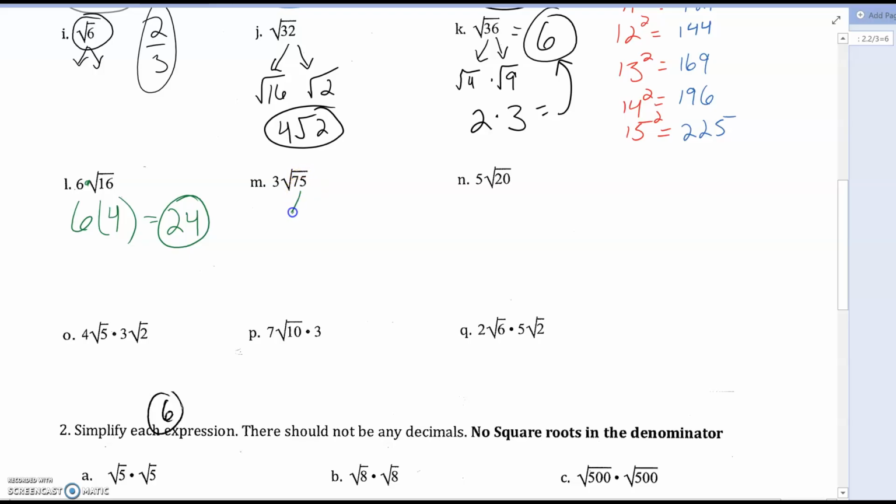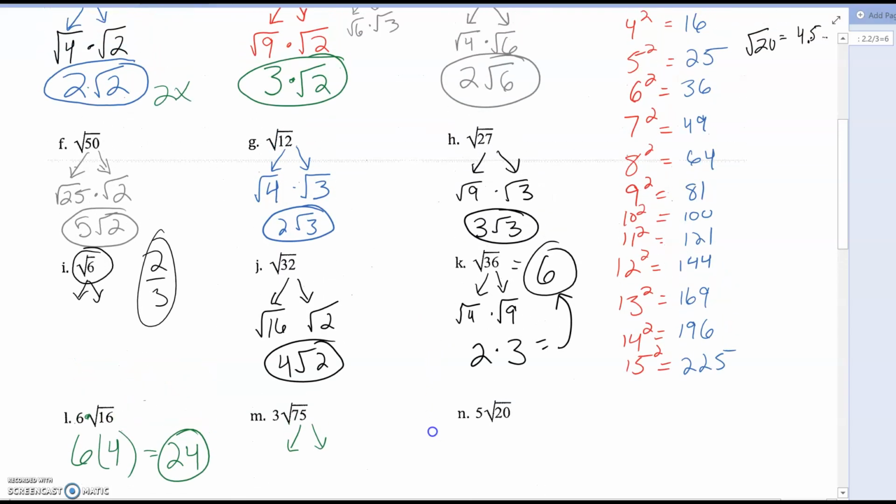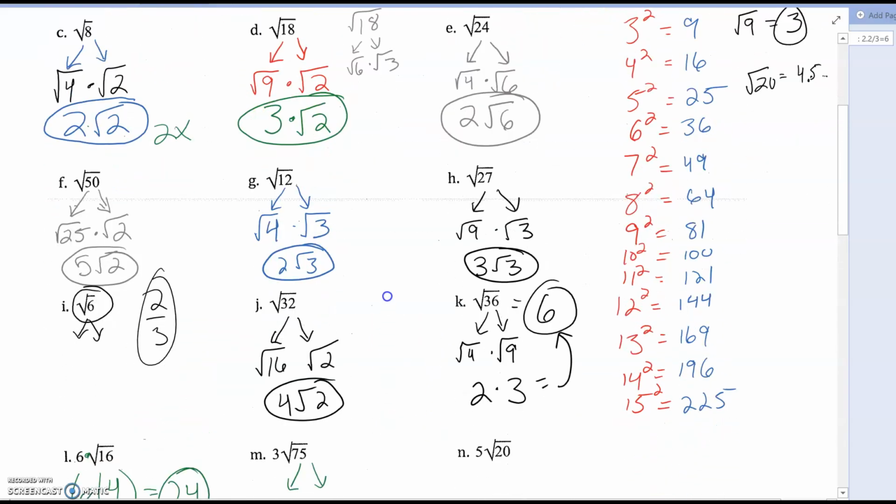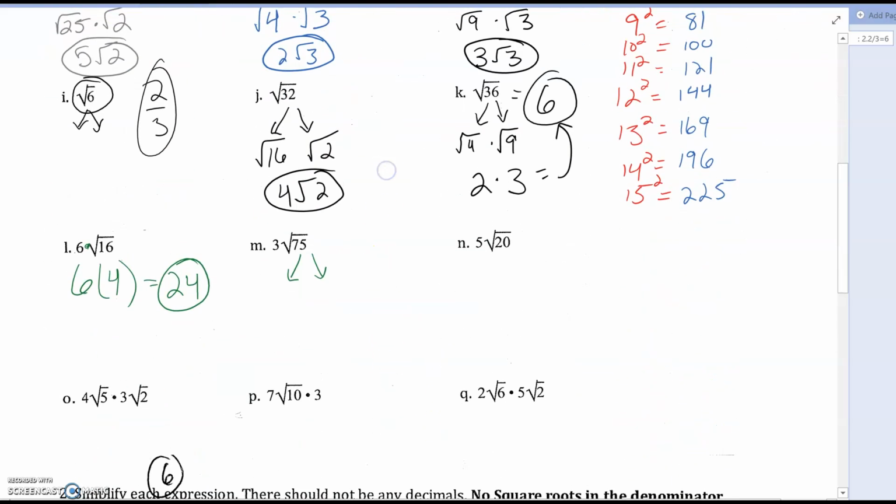Now I can break down square root of 75, right? I think I did the same thing from up here. Maybe I did it. Nope, I used 50, not 75. But 75, anything that's like increments of 25, so think dollars, quarters, you can always break it down into 25 times 3. Okay, and then the square root of 25 is 5 square root of 3.